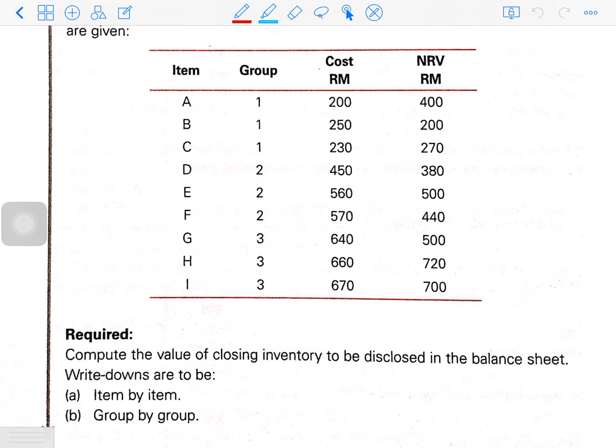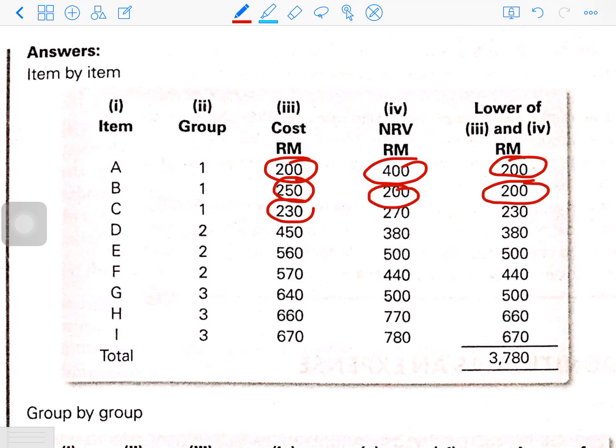Item B, the cost is 250 and net realizable value is 200. Which one is lower? 200 is lower, so net realizable value will be the cost of item B. And C, 230 is the cost, 270 net realizable value. Which one is lower? The cost is lower, right? 230. So you choose that.